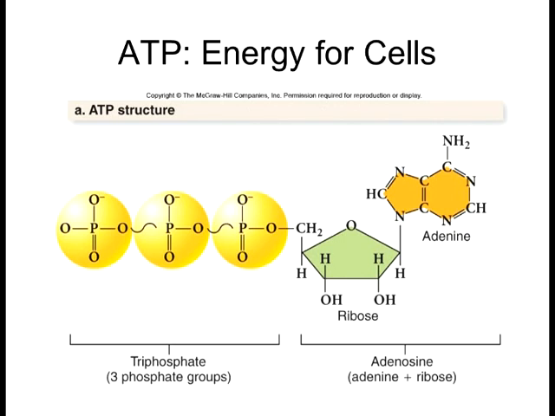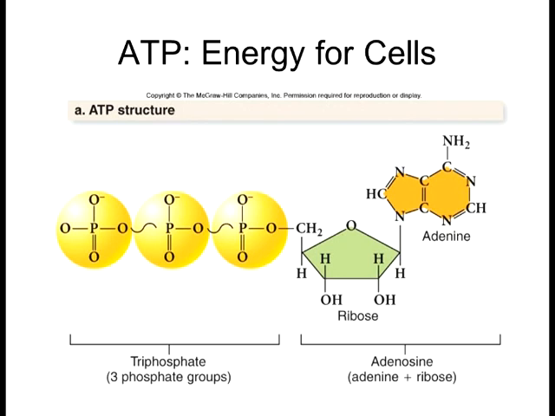Do they attract or repel? They repel one another. It's not like an ionic bond where you have two opposite charge ions. You've got three ionic charges here that are very strong, repelling one another. Well, due to that fact, the covalent bonds that hold these phosphates together become weakened, and as such, become the easiest covalent bonds to break in any biological molecule.